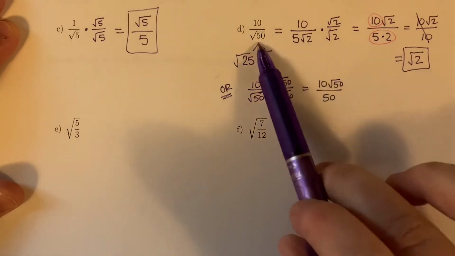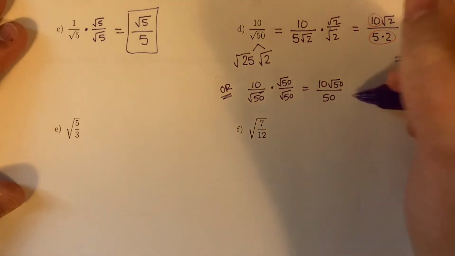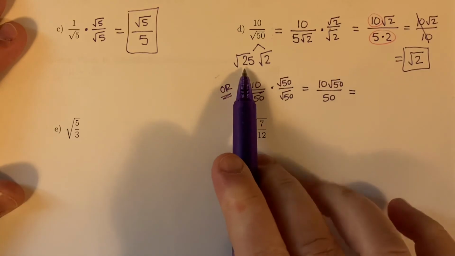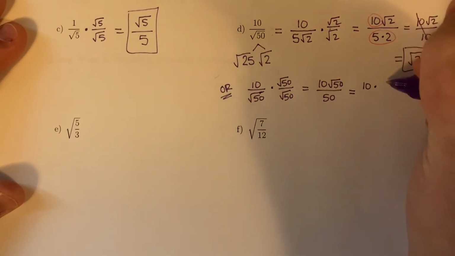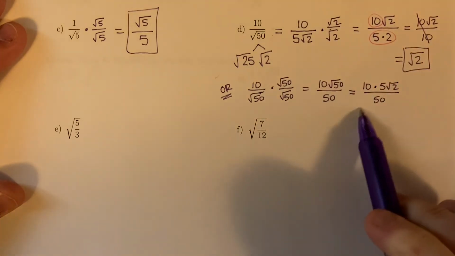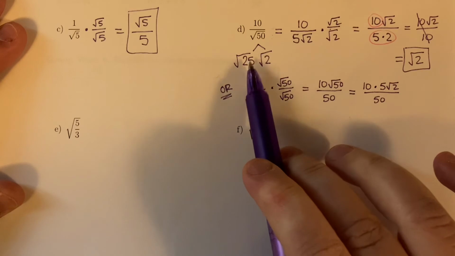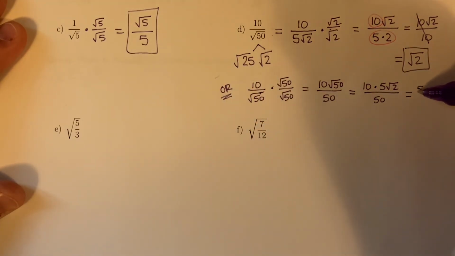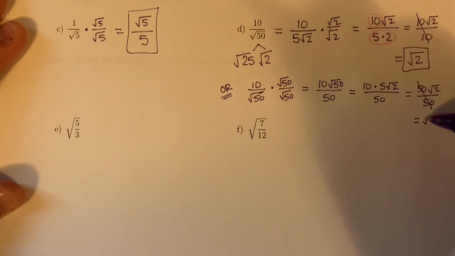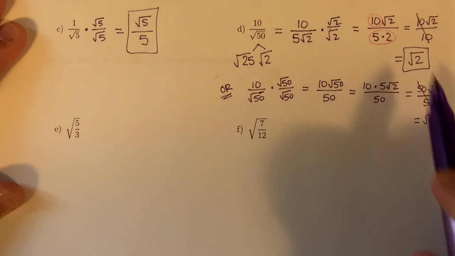So I suggest doing that step at the beginning. But we can do it here. So just like up here, square root of 50 is 5 square root of 2. Right? Because it's square root of 25 times square root of 2. So we get 50 square root of 2 over 50. 50s cancel. So we get the same answer, right?